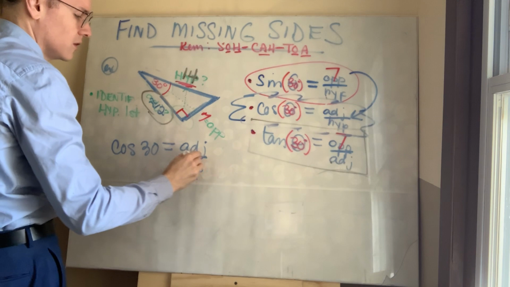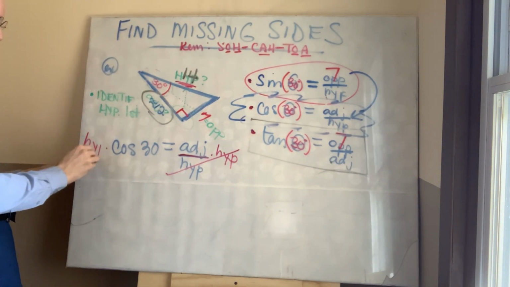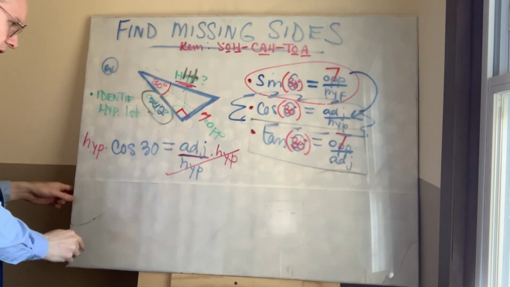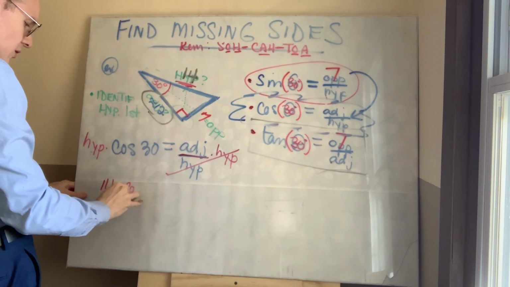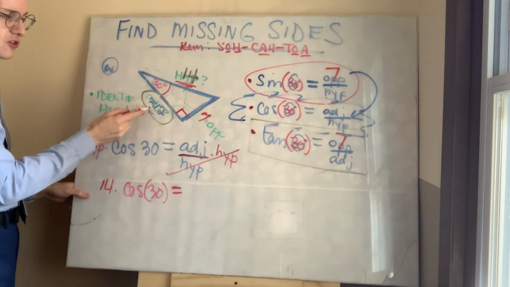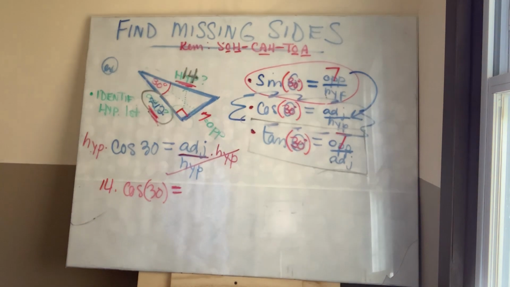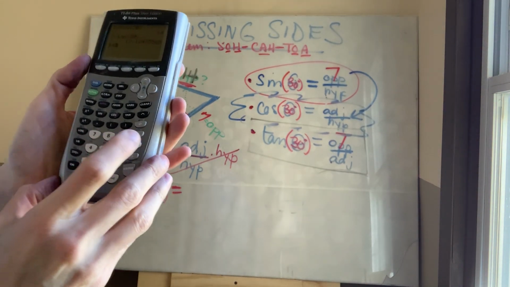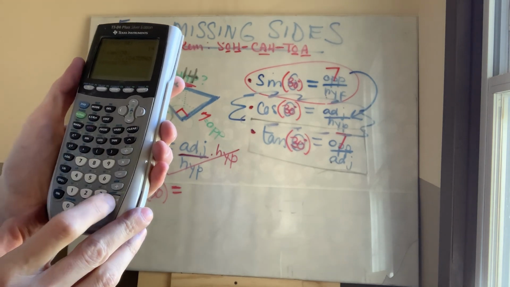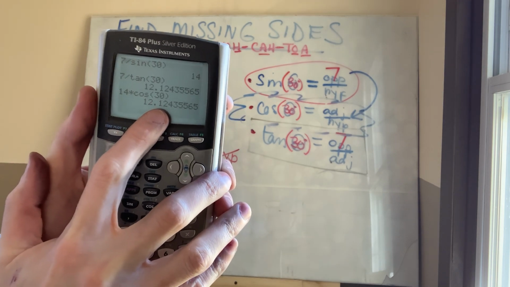That is, multiply by the hypotenuse simply to move it over here, and then insert the number 14. So what I would end up having is that 14 times the cosine of 30 typed into my calculator should in theory produce the same number, 12. Let's see, 14 times cosine of 30, and you see it's the same exact number, 12.1, 12.1.